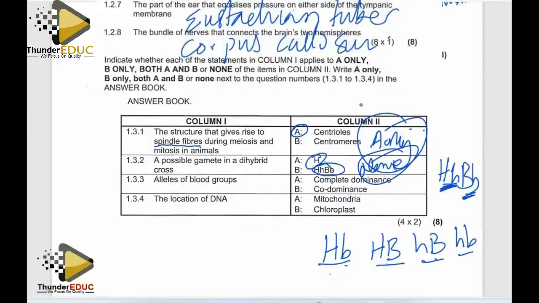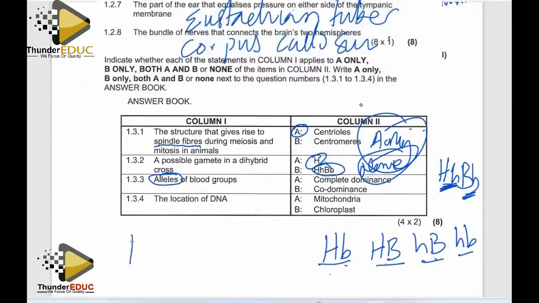So that's it. Alleles of blood group. They're saying complete dominance and then codominance. Guys, here I would say it's both, if they're talking about the genotypes. But in this case, the question is asking about alleles.